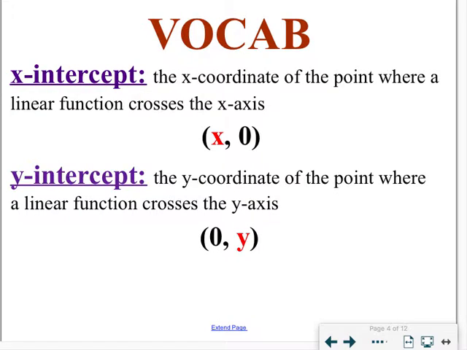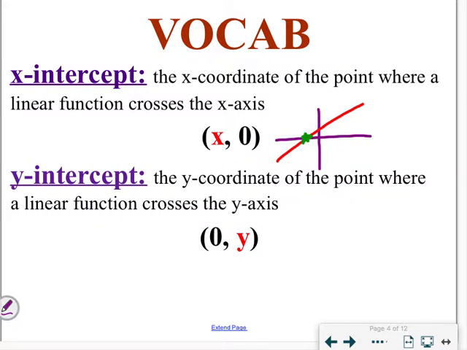Other key pieces of information for linear equations is knowing the x and the y intercept. The x-intercept is the x-coordinate where the line crosses the x-axis. So if you're looking at a graph and you have your line going through, we're looking at the x-axis, and you would pick out the x-coordinate from that point as your x-intercept.